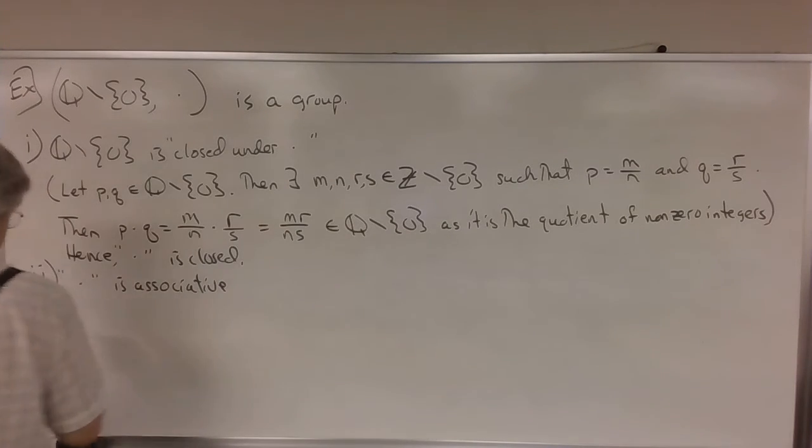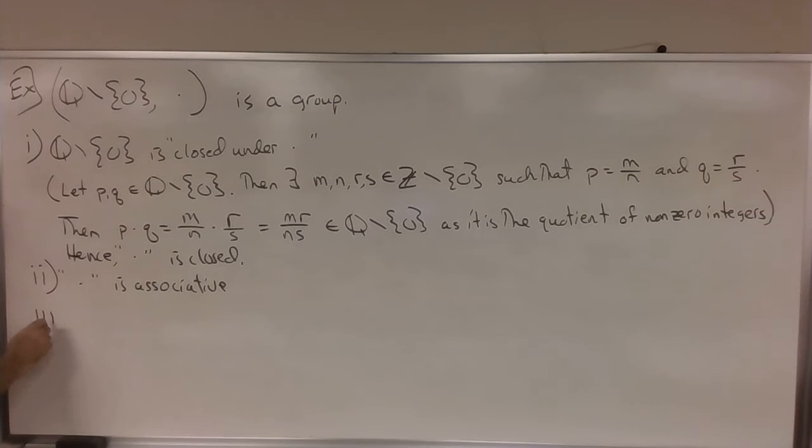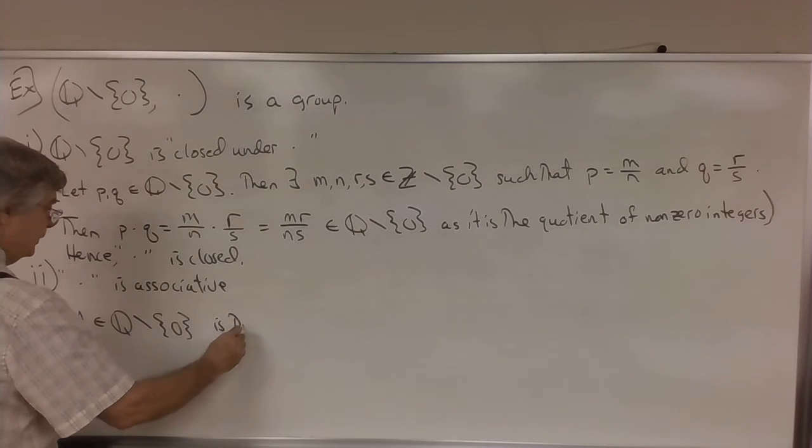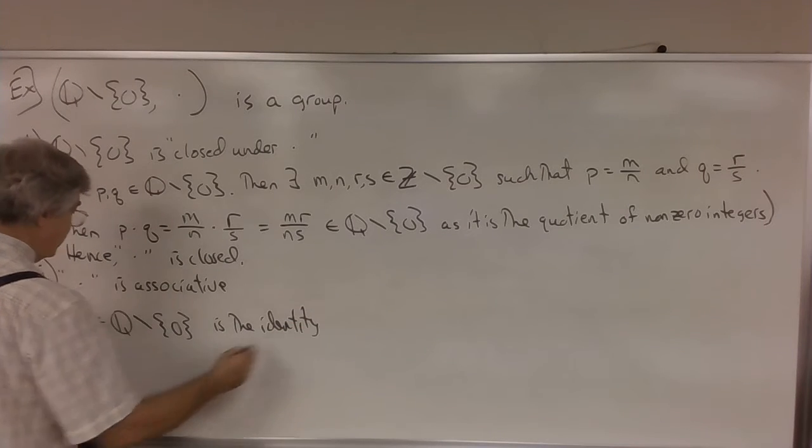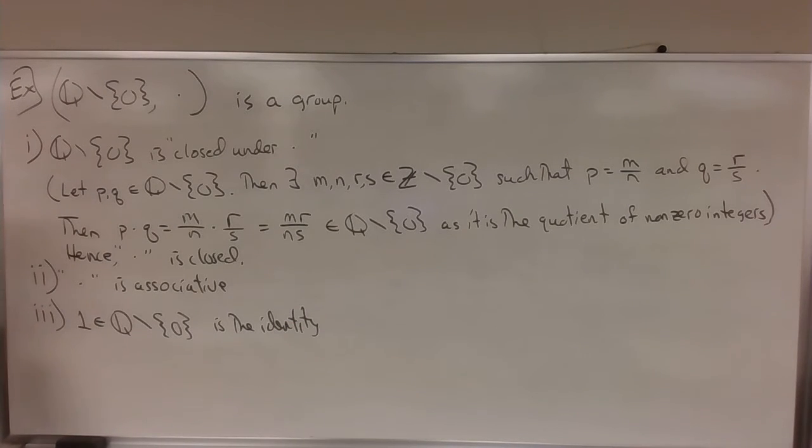Third thing, we have to have an identity. And the number 1 is going to be the identity again. 1 is in this set. It's a non-zero rational number. And 1 is the identity. One times anything is that anything. Anything times 1 is that anything. So this is the identity.